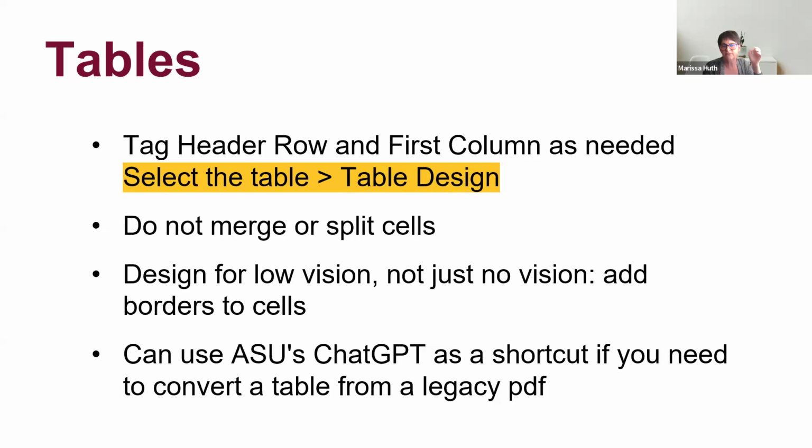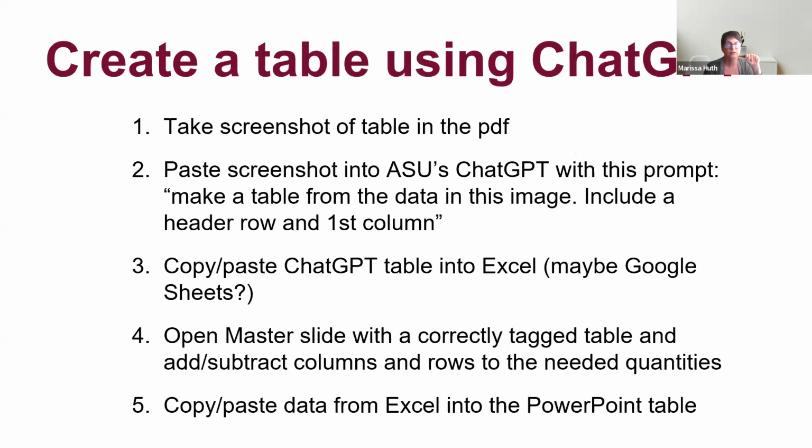Also, a neat trick that I found is that ChatGPT can be helpful if you need to recreate a table and you're working from a PDF and just copy and pasting the table is not working. So what I was able to do is I took a screenshot of the table in the original PDF. I pasted that screenshot into ASU's ChatGPT, so I didn't have to worry about data getting out into the world.